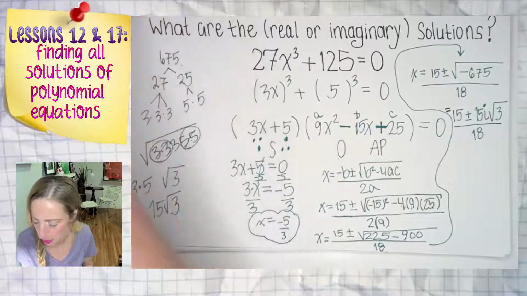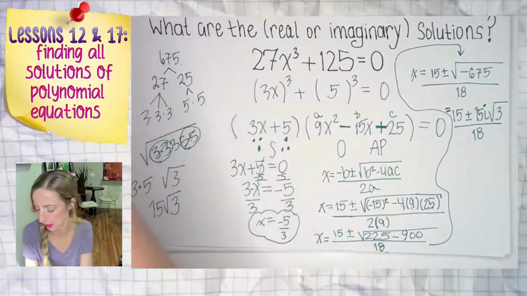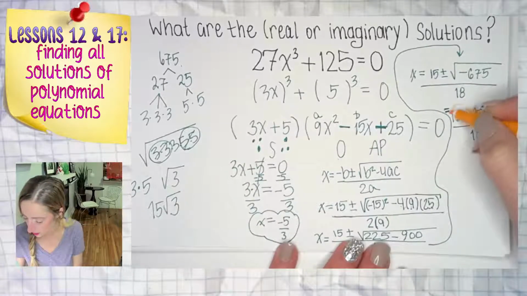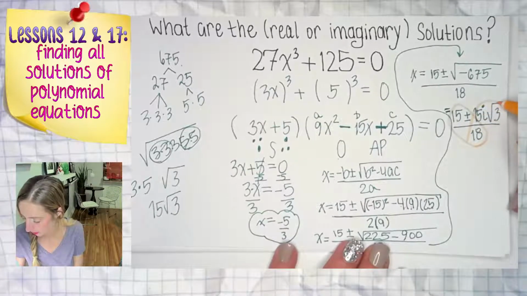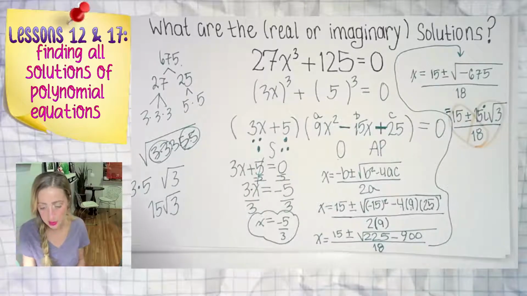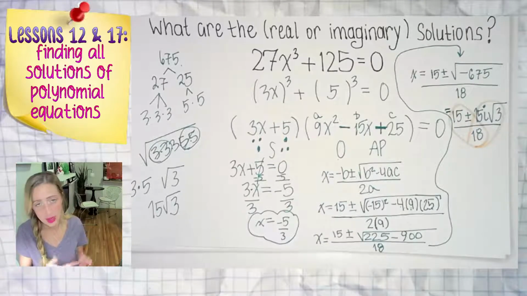Let me try to grab a decent pen or marker. How about this one? We're going to reduce a little bit over here, and we're going to reduce a little bit over here. And doing something like this is from all the way back in lesson 4: dividing, simplifying, and reducing when you have a polynomial over a monomial.